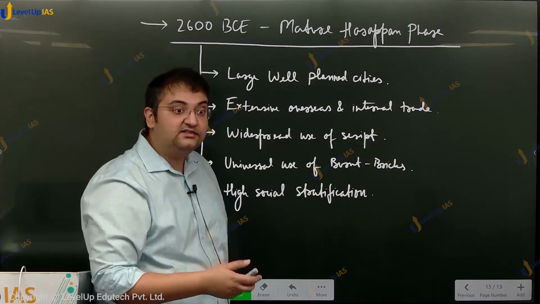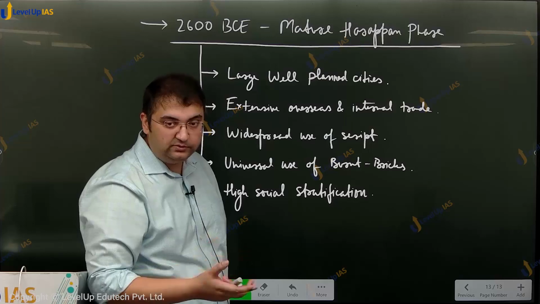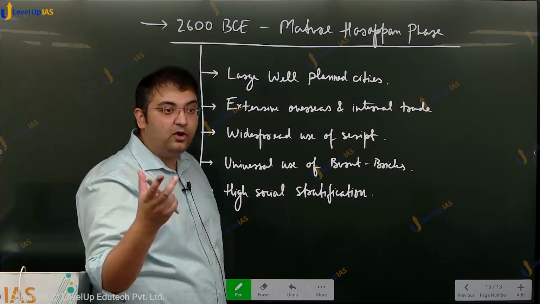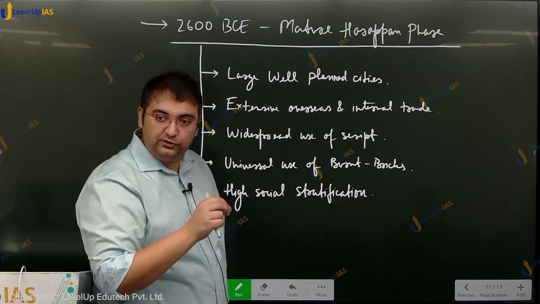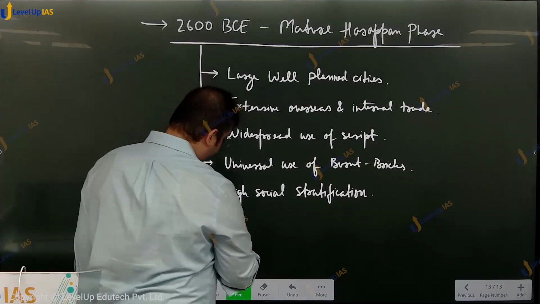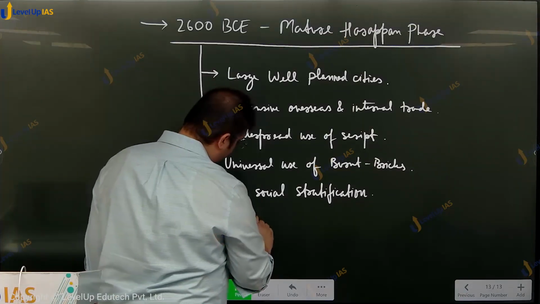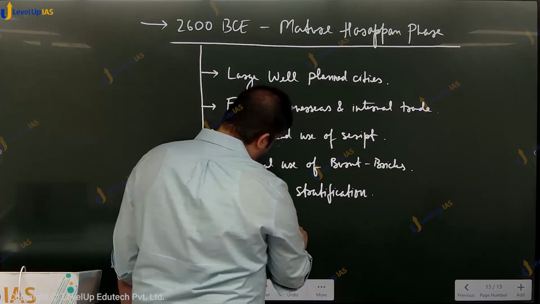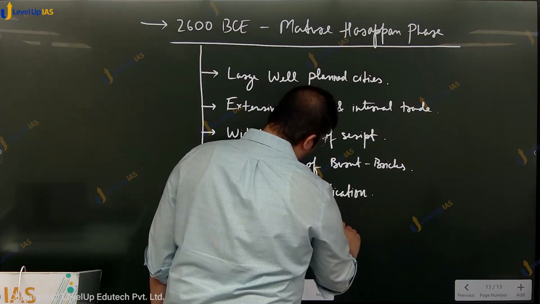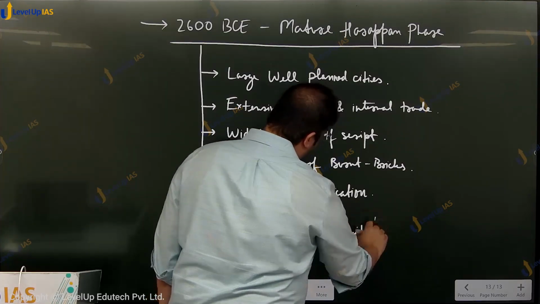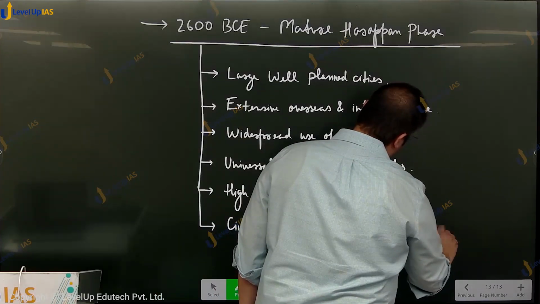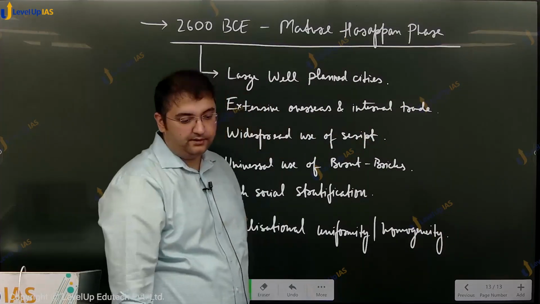For example, a standardized system of weights and measures would be used. Even the burnt bricks that are used across the Harappan civilization would be of the same proportions. 1:2:4 would be the ratio of their different dimensions, right? So, civilizational uniformity or homogeneity. Okay?